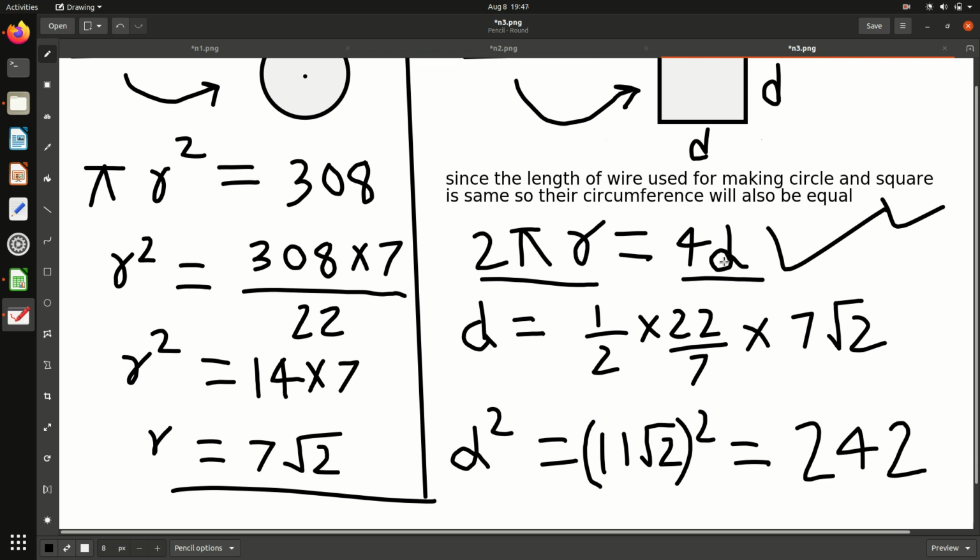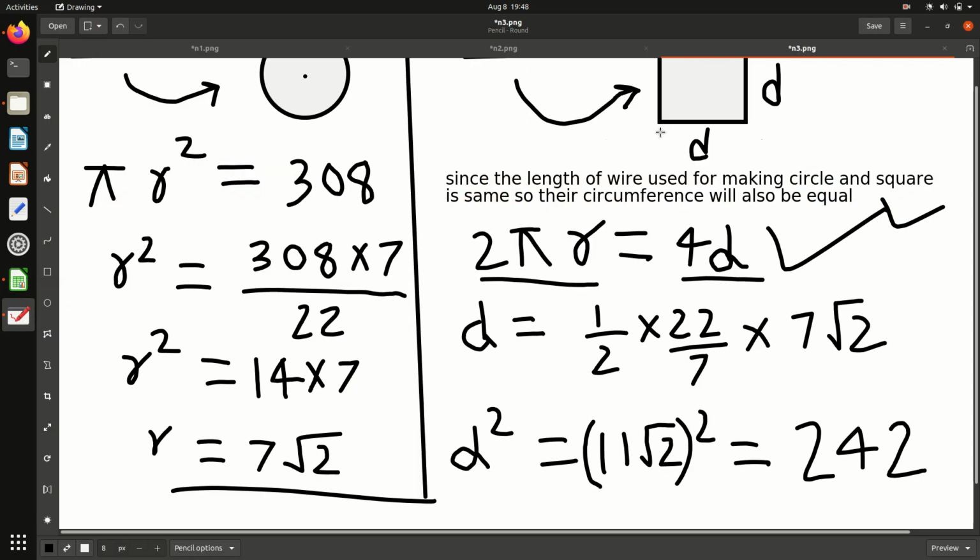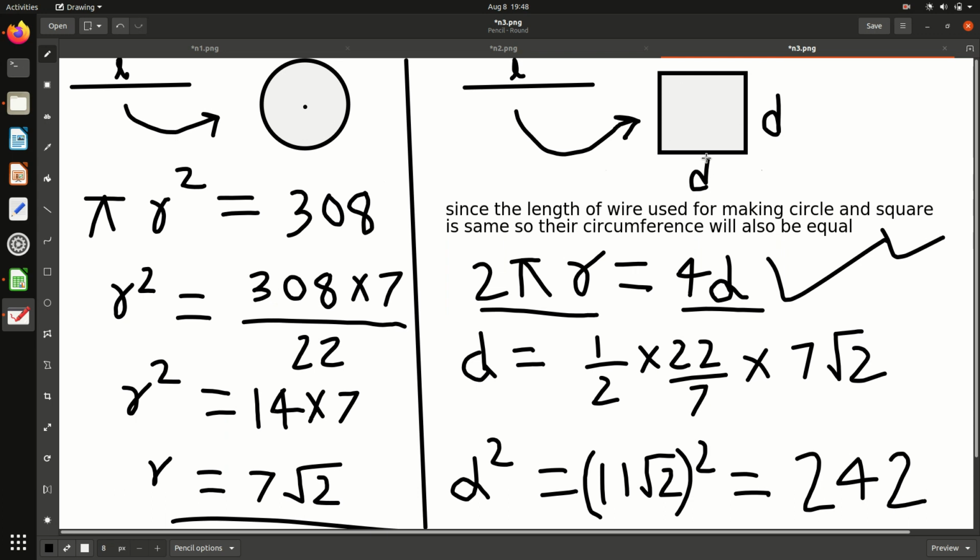Now from here we just want the value of d. Why? Because we want the area of the square, and to get the area of a square we need its side. Once we get the side, we just take the square of it and we get the area. So we just want the value of d.